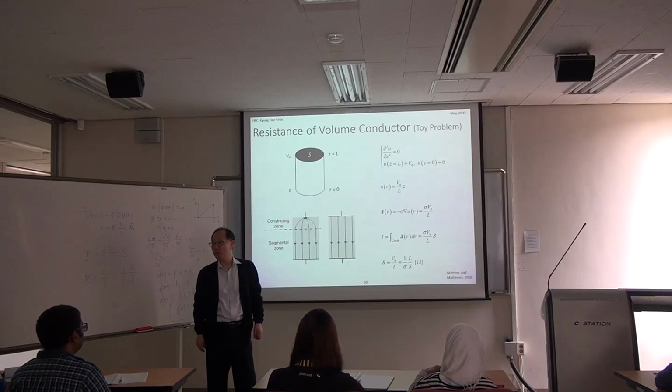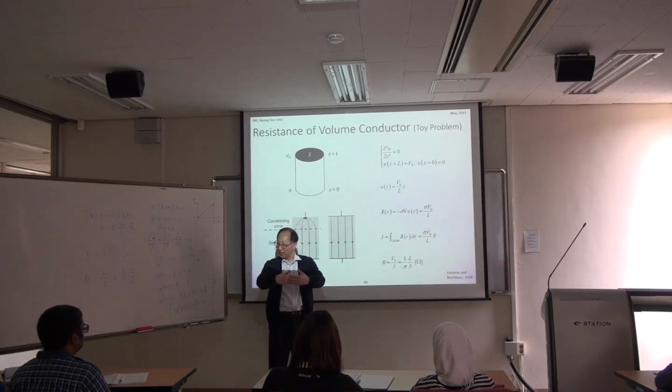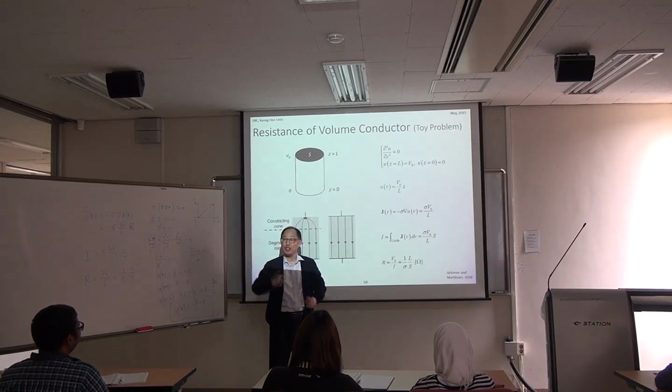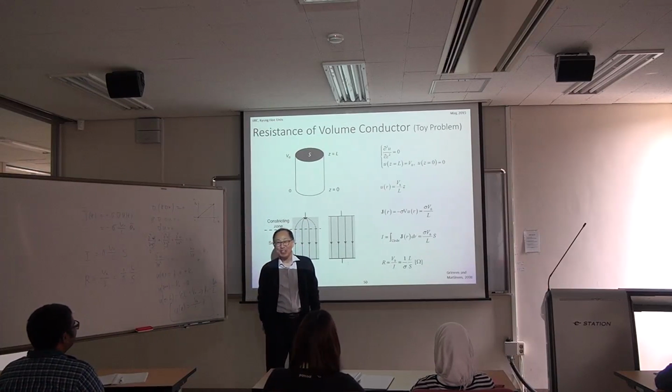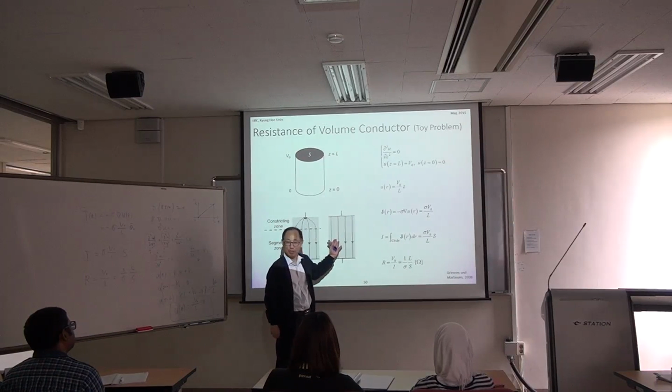How do you produce a uniform lead field? You can do that when your body is a cylinder and has just a single conductivity. Then you can produce a uniform lead field. Otherwise, it's not possible. But you can always think about this kind of case.